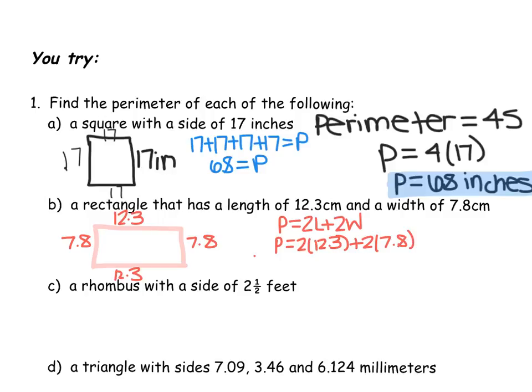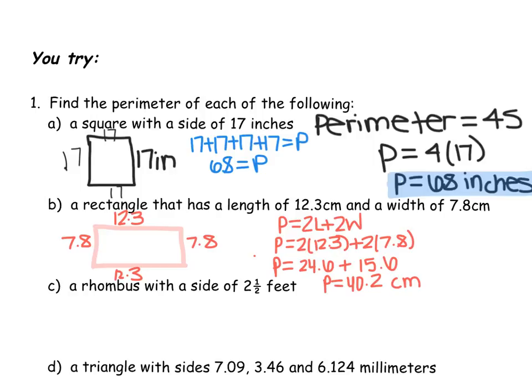When you multiply it out, we get 24.6 plus 15.6. Then when you add them together, you end up with a perimeter of 40.2 centimeters.